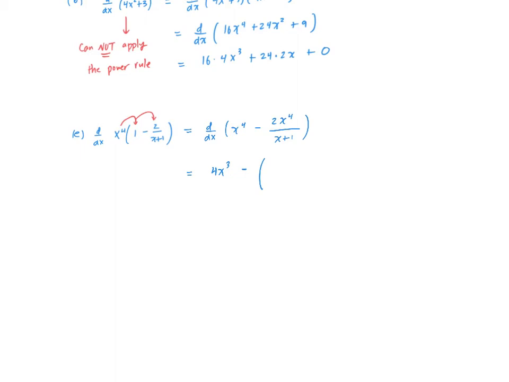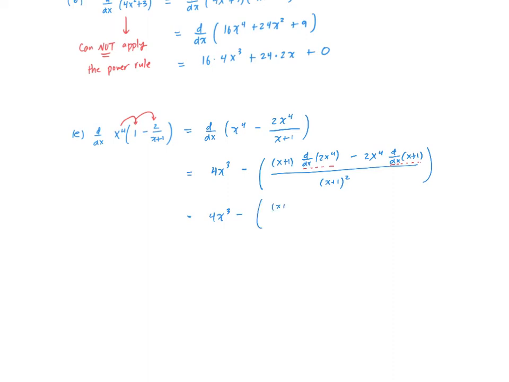So the quotient rule tells us the following: low d high minus high d low, all divided by low squared. And the nice thing about writing this out is hopefully we won't make some small silly mistakes, but it very clearly shows you kind of the hopefully simpler two derivatives that we now need to evaluate.